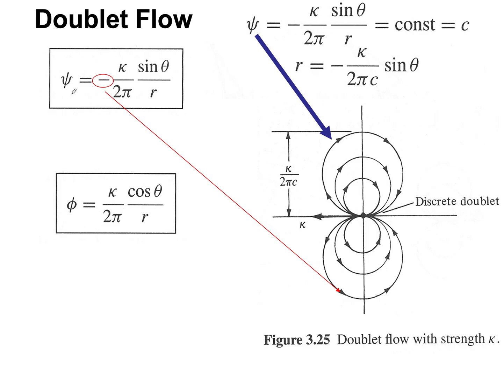So what is the shape of these streamlines? Set psi equal to constant. So you're going to get r of a streamline, not stagnation streamline, is equal to some constant times sine theta. So r is equal to sine theta.